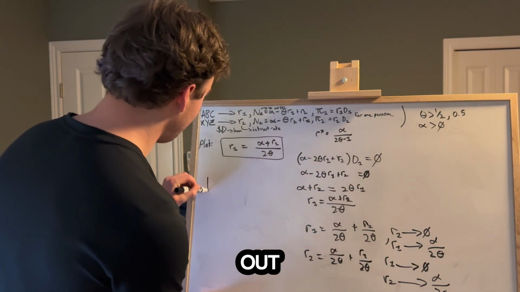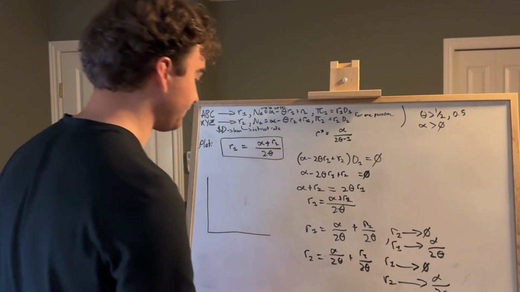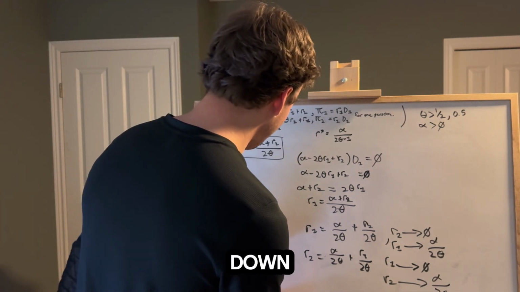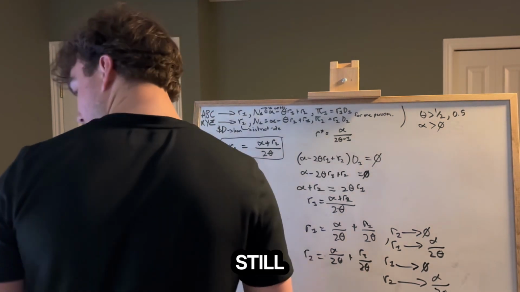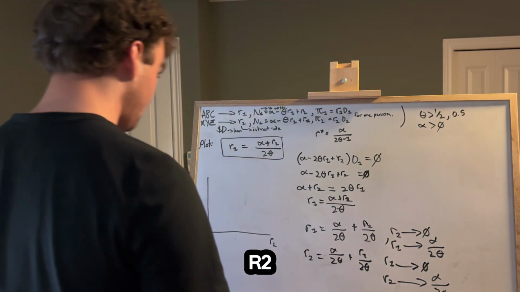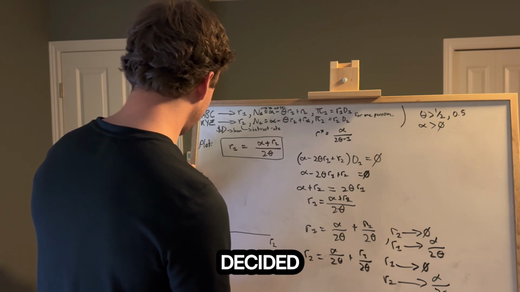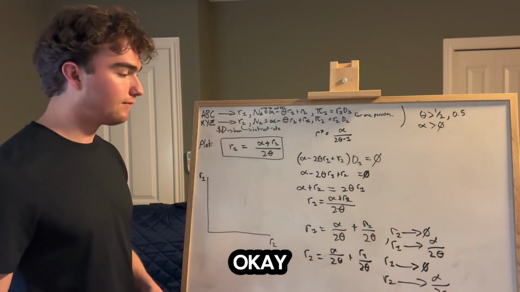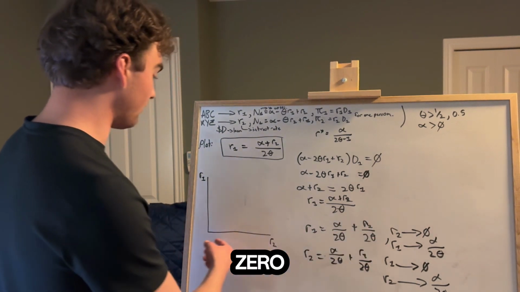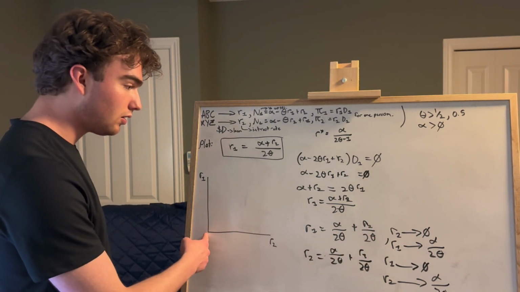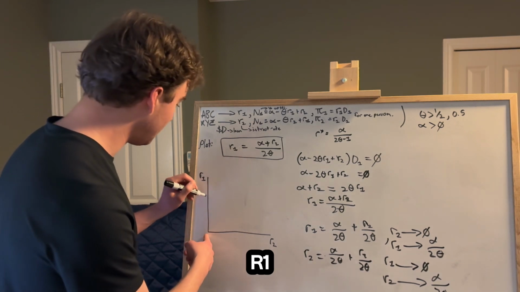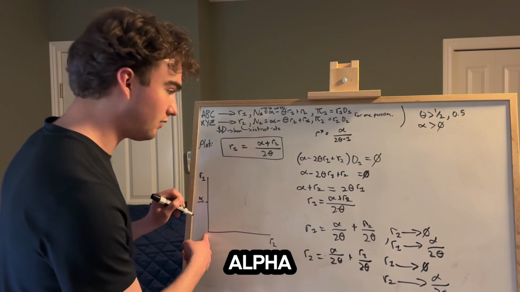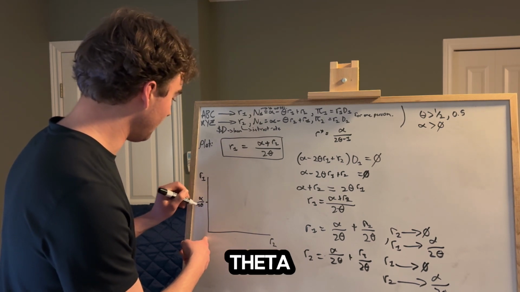Let's graph this out. I'm going to put R2 down here, and I'm going to put R1 up here. Actually, does that make sense? Yeah, that makes sense. I've decided so. Okay. So R1 and R2, okay? When R2 goes to 0, R1 is at some positive alpha over 2 theta.